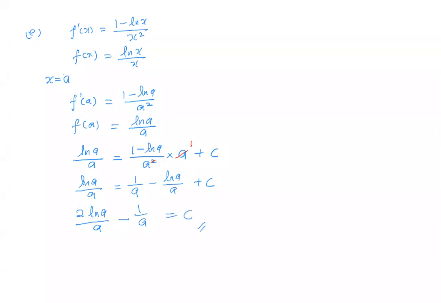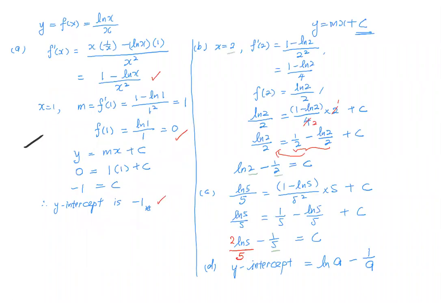So you've proven it. So number 4, the conjecture part, should also be 2 ln a over a. Are you okay?